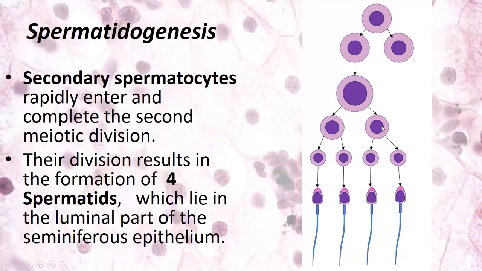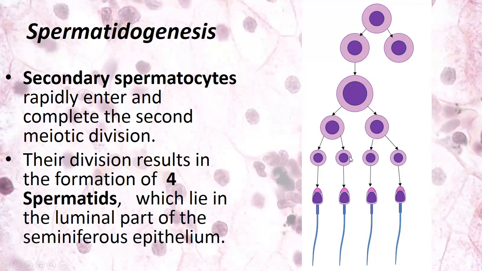And the next stage is spermatidogenesis. Secondary spermatocytes enter and complete the second meiotic division. Their division results in the formation of 4 spermatids, which lie in the luminal part of the seminiferous epithelium.